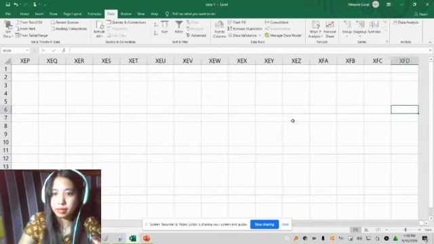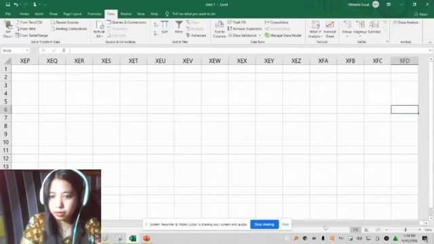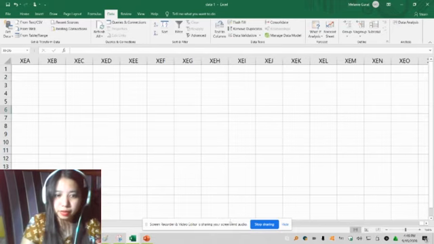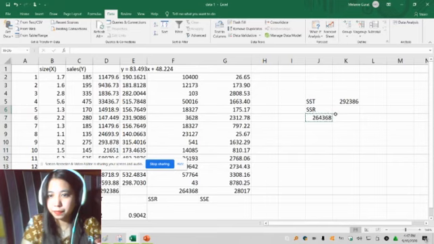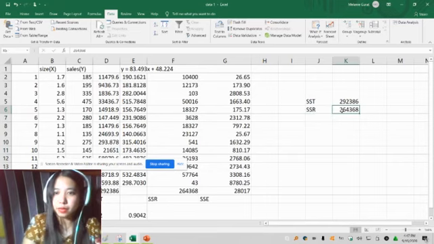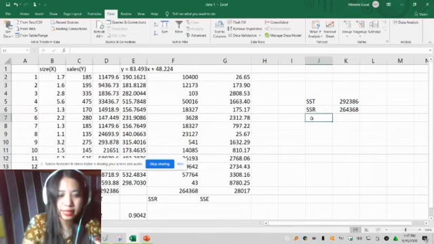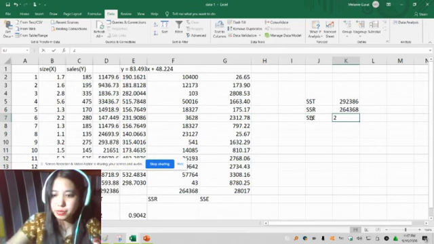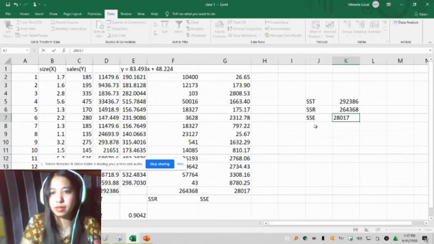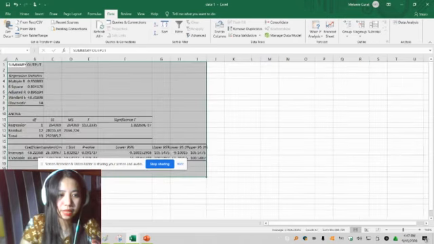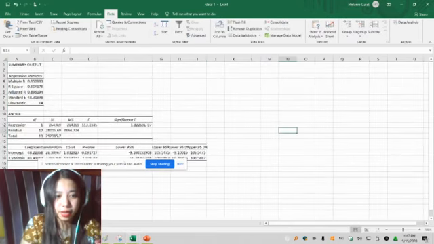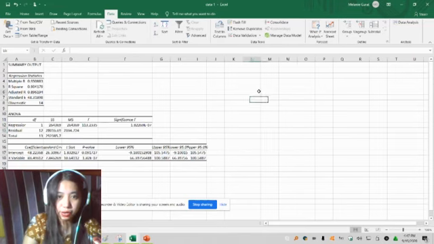And so let's bring this back. And the last one is SSE, which is 2802817. I'll copy this and place it in sheet number 2 so that we can compare it.